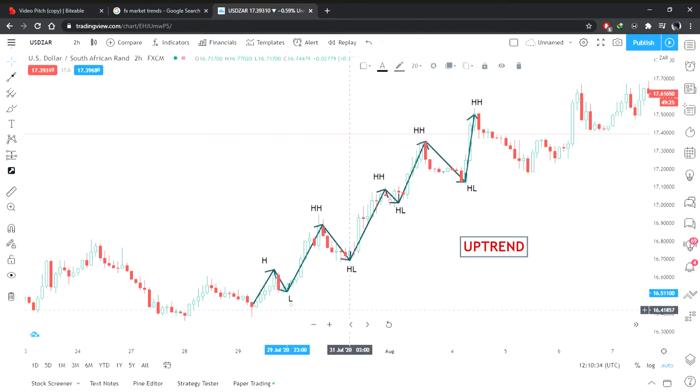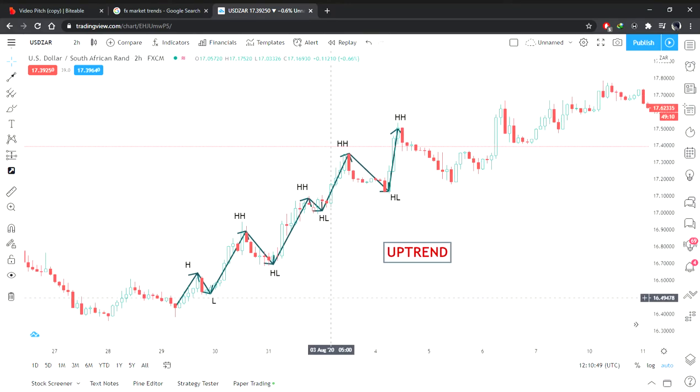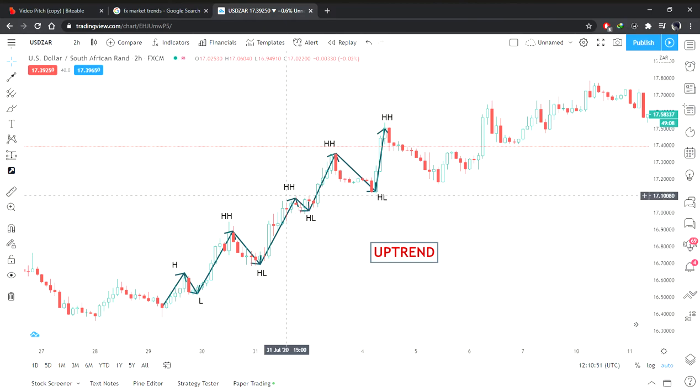This is where the trend started, and now this next high needs to be higher than this high, so we call it a higher high. That's the HH, and this swing low has to be higher than this low here, so we call this the higher low. The next peak has to be higher than the previous peak, and we call that a higher high and higher low.